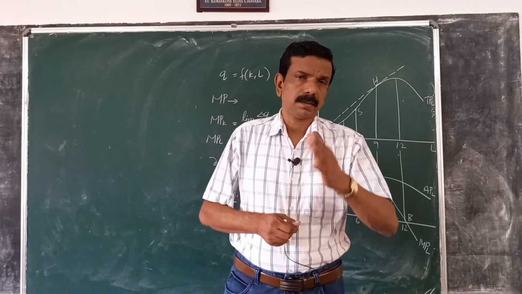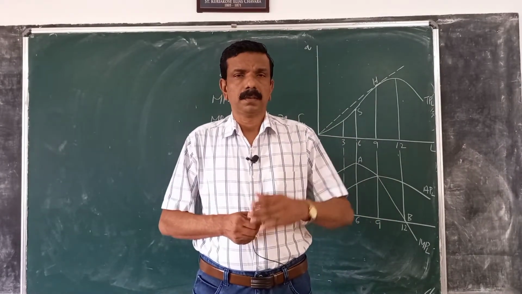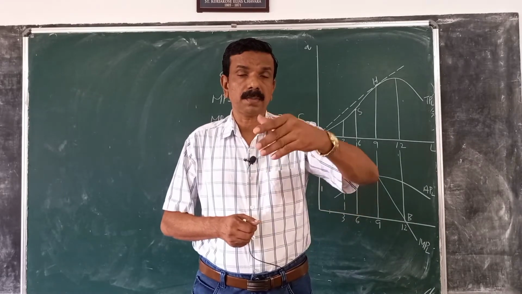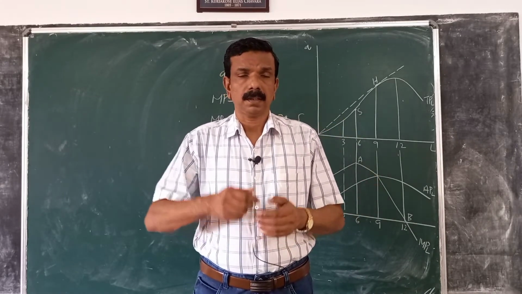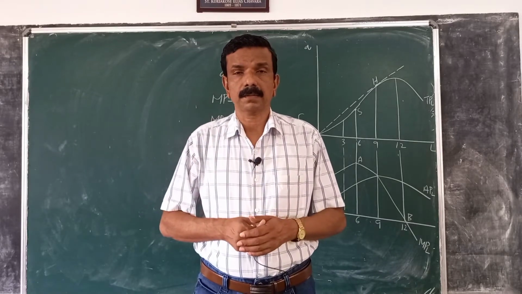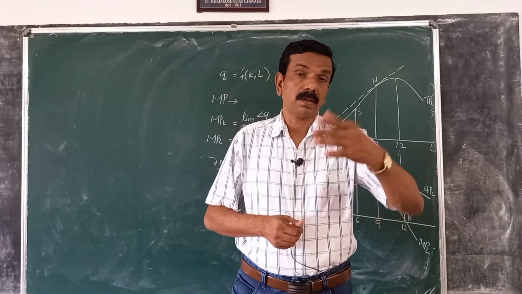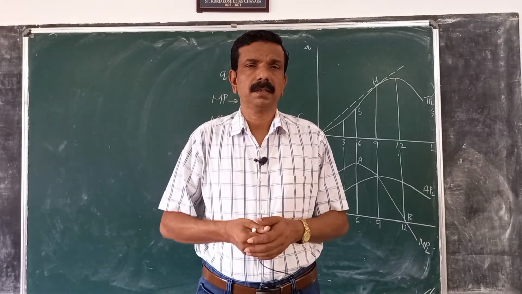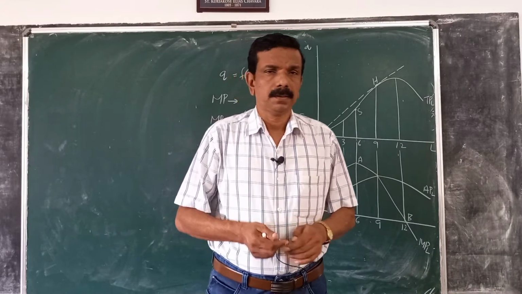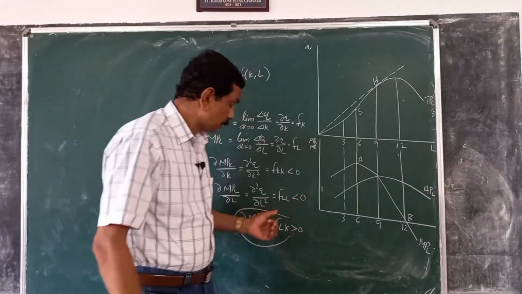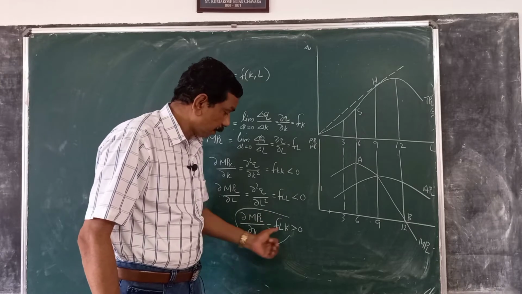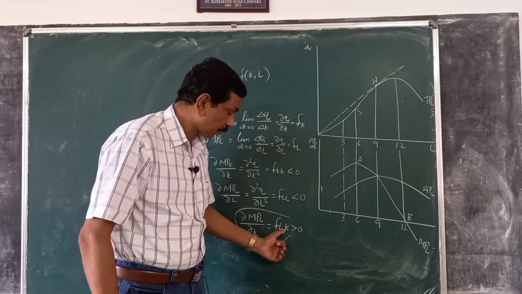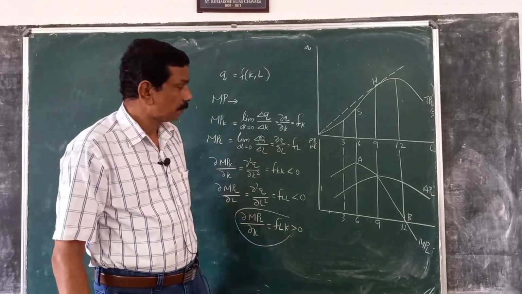As is known to you, since the time of Malthus, there has been a tremendous increase in the marginal product of labor due to technological progress and also due to an expansion in the capital input. So we have to consider what happens to MPL when there is a change in other inputs: dou MPL by dou K, that is FLK, and in most cases it is greater than 0.